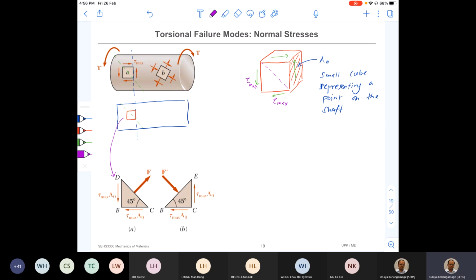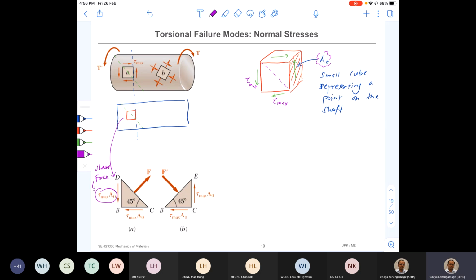And since the cross-sectional area is A0, the force along that surface I can write as tau max A0. So this is the shear force, right? Similarly, the bottom surface BC also has tau max A0. And those are the internal forces, or shear forces, generated, right?